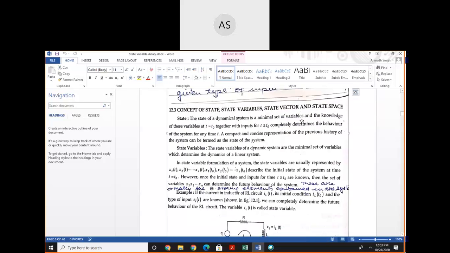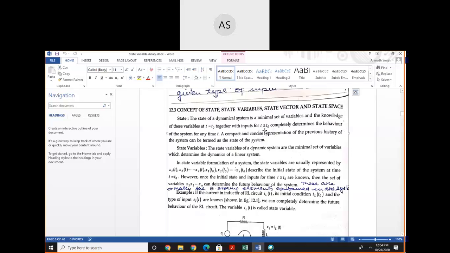Then in this part we define state variable, state vector, and state space. State. The state of a dynamic system is a minimal set of variables, and knowledge of these variables at time t equal to t naught together with input for t greater than or equal to t naught completely determines the behavior of the system for any time t.